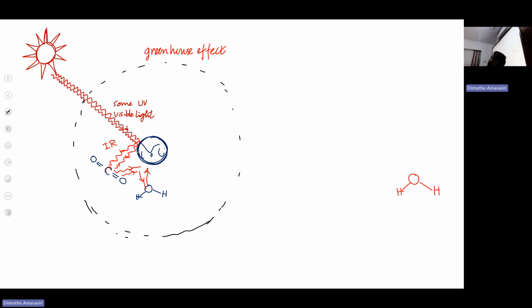We need the greenhouse effect. If the greenhouse effect hadn't happened, this earth would have been just an ice ball. We had an ice age. Have you seen the movie? The whole earth is entirely ice and sea, right?